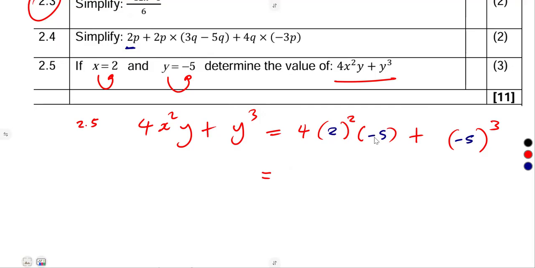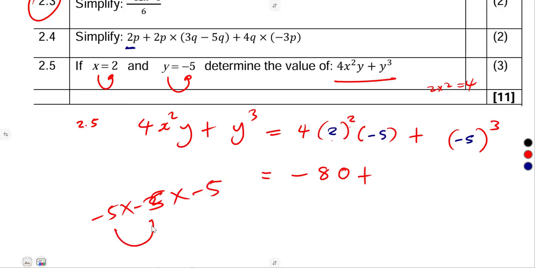You can even use your calculator. 2 to the exponent of 2, that's 2 times 2, which is what? 4. So we're going to have 4 times 4 times negative 5. 4 times 4, 16 times negative 5, which is negative 80. All right, so it's going to be negative 80 plus negative 5 to the exponent of 3. That is negative 125. Negative 5 times negative 5 times another negative 5.